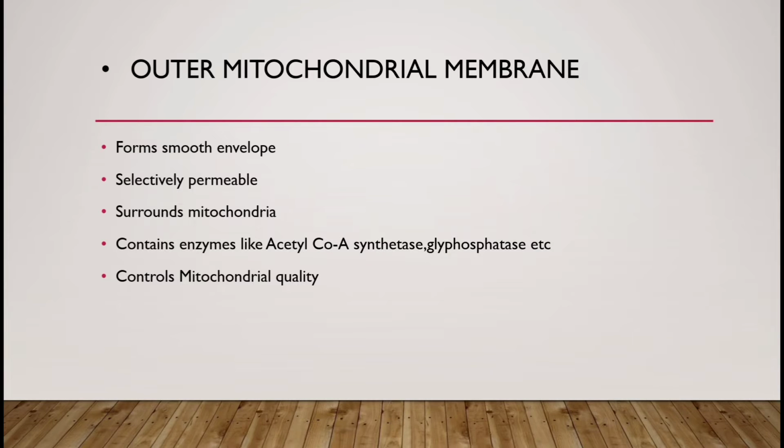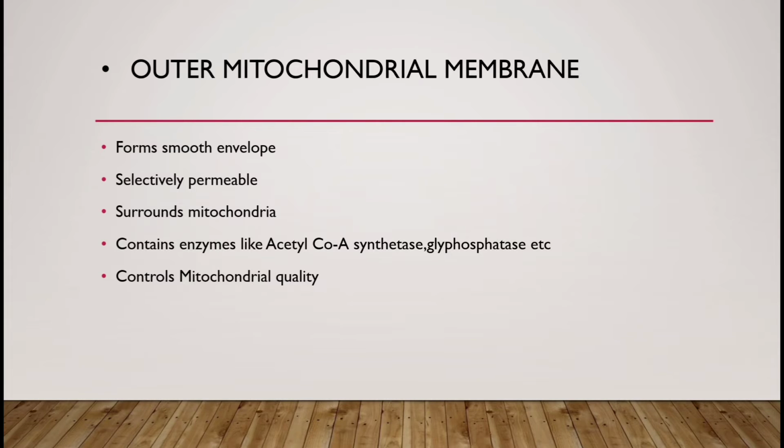First part is the outer mitochondrial membrane. It is in the form of a smooth envelope surrounding the mitochondria, and it is also selectively permeable. It selectively allows nutrients or components to enter or exit through the outer surface of the mitochondria.